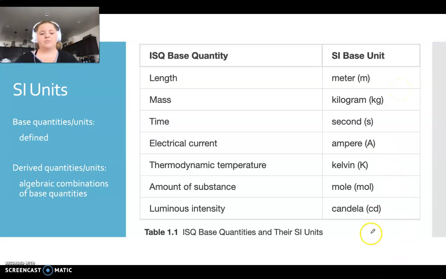Amps, which you'll probably see next semester, Kelvin, which is temperature, mole, and luminous intensity. And we are going to be focusing on the first few quite a bit in this course. But these are the base units in the SI units.